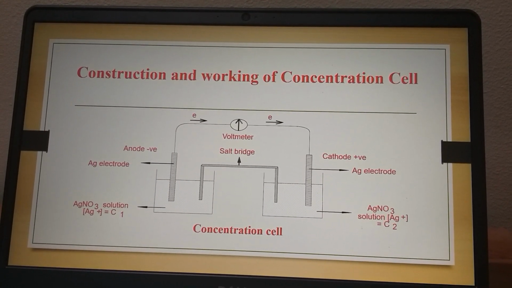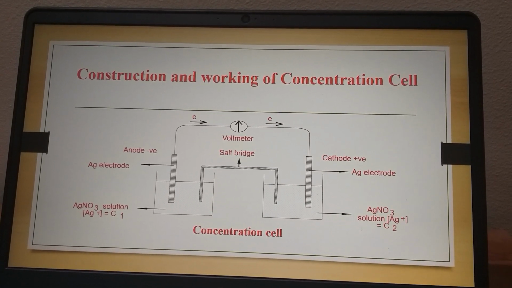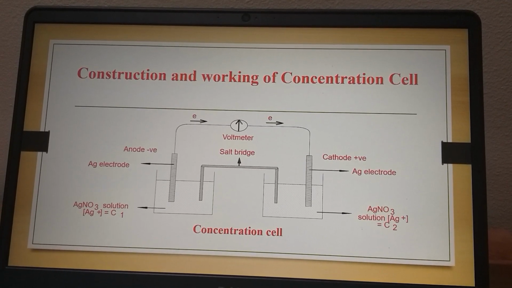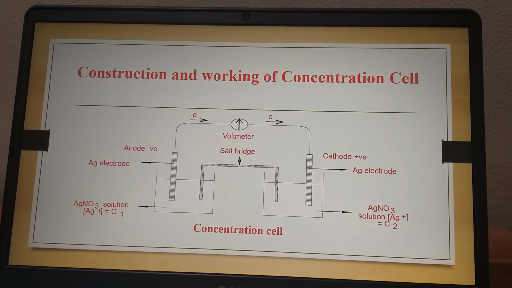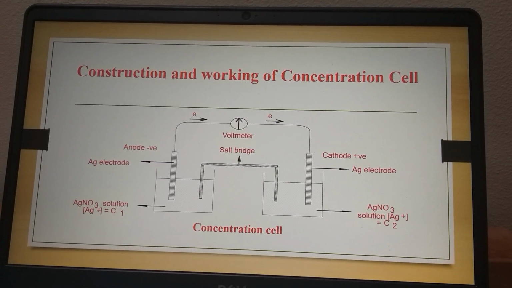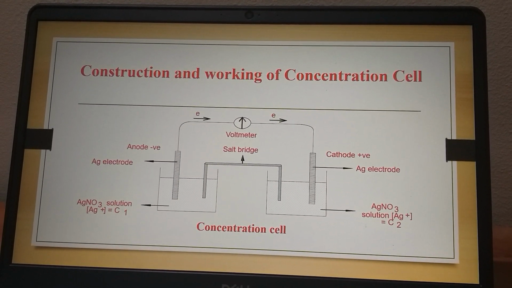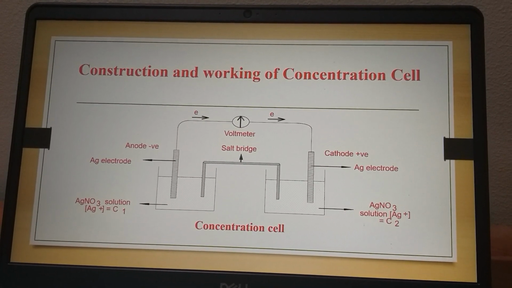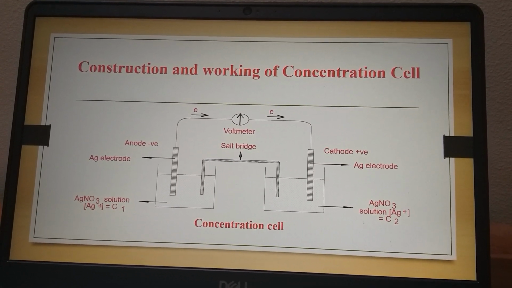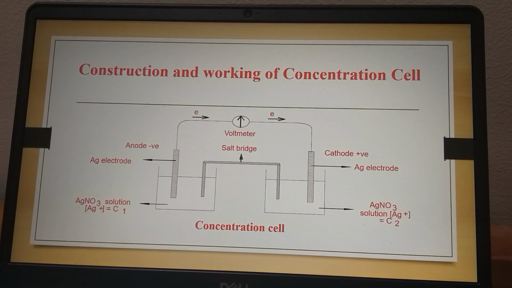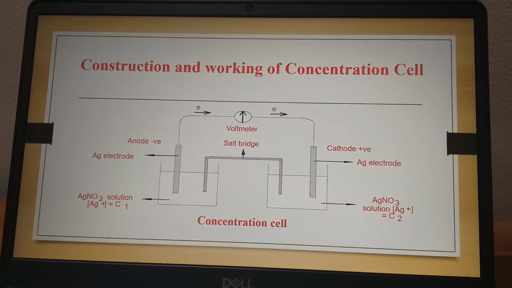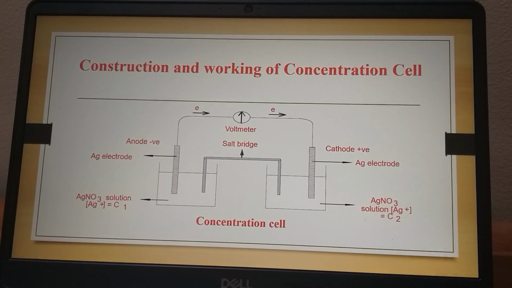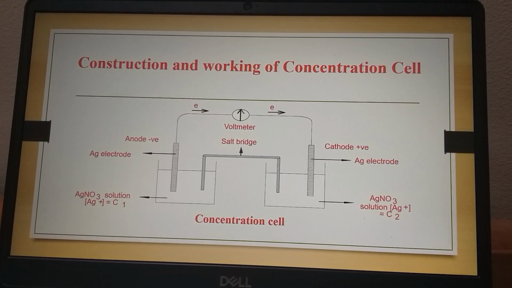In the anodic compartment, the silver nitrate solution is kept at C1 concentration, and in the cathodic compartment it is kept at C2 concentration, and C2 is greater than C1. Both compartments are connected with the help of a salt bridge, and we can see the flow of electrons from the anodic compartment towards the cathodic compartment, that is, from the dilute towards the concentrated solution.